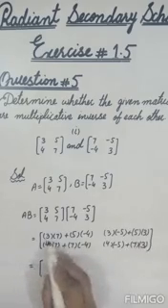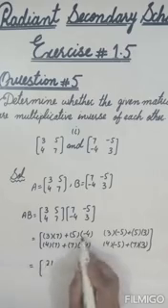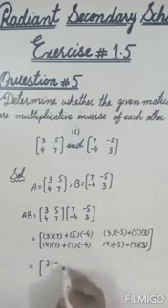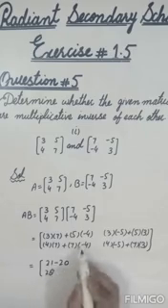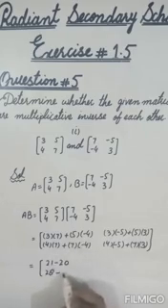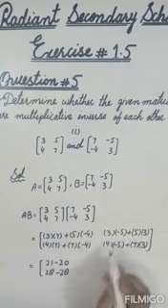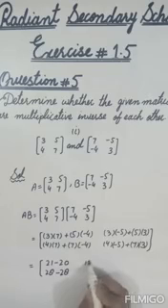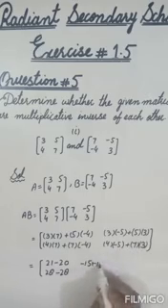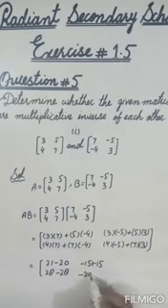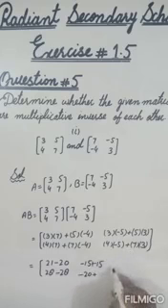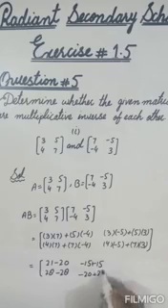Students, 3 sevens are 21 plus minus 5 fours are 20, 4 sevens are 28 plus minus 7 fours are again 28, minus 5 threes are 15 plus 5 threes are 15, then minus 4 fives are 20, then plus 7 threes are 21.